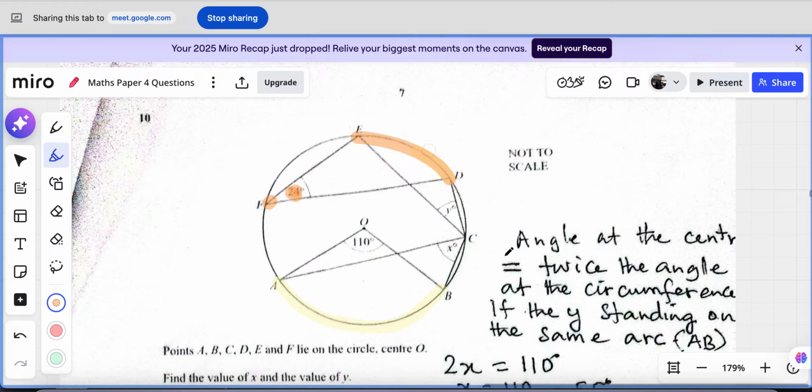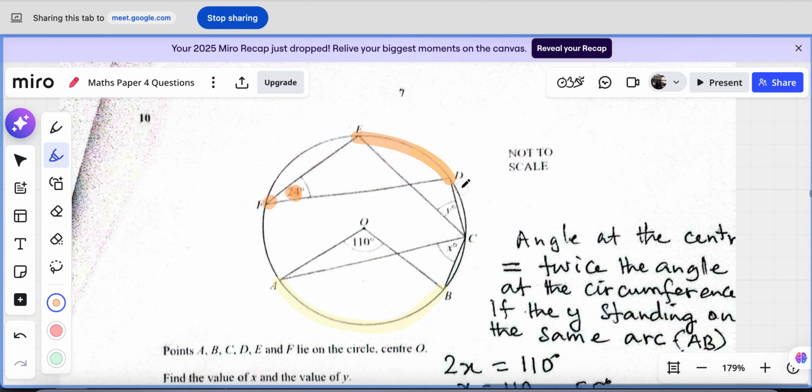Similarly, angle y is on the circumference and is standing on arc DE. Angles on the circumference standing on the same arc are equal. This angle y, which is at point C, is also standing on the arc DE.